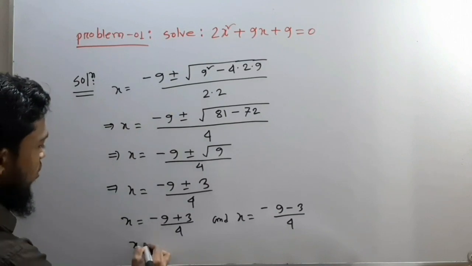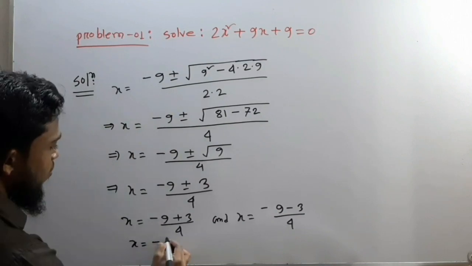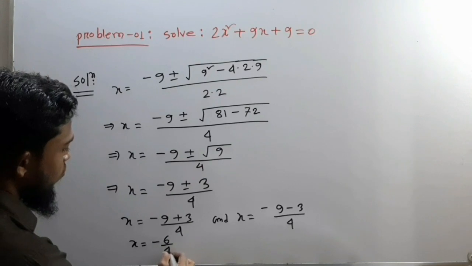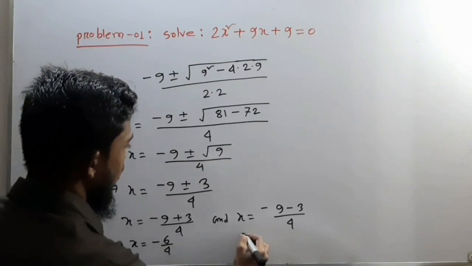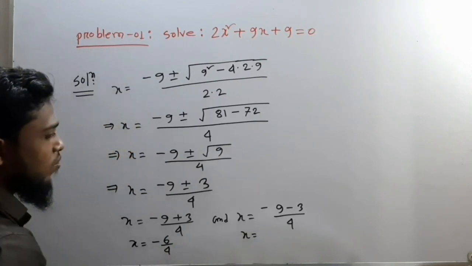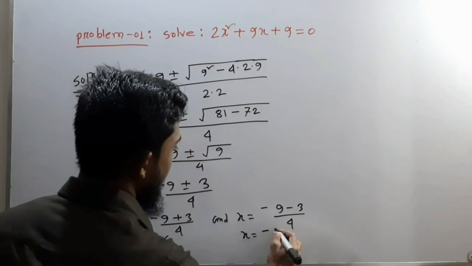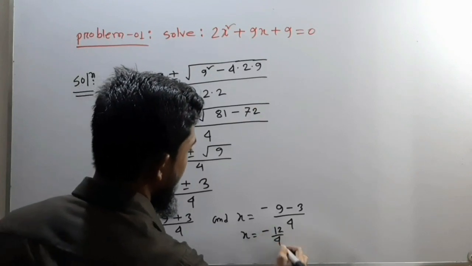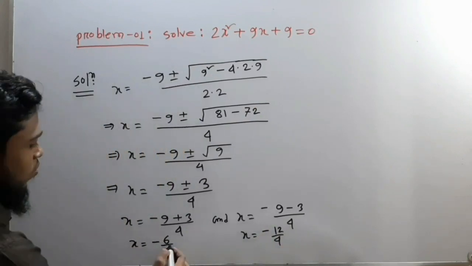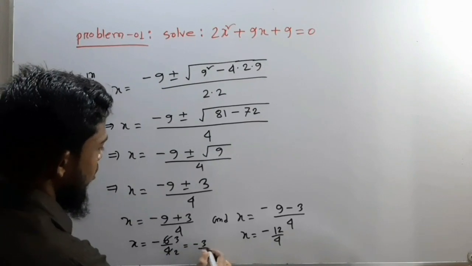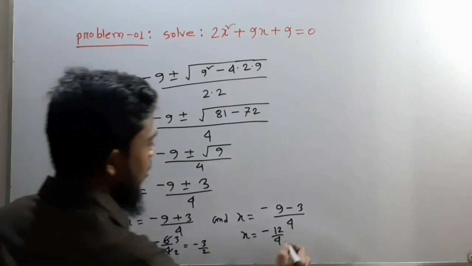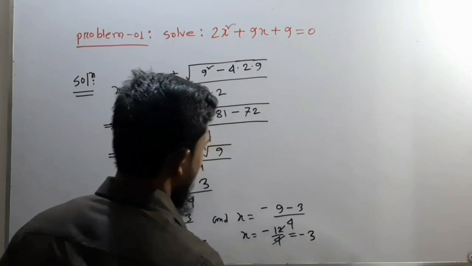So we can write x is equal to minus 6 by 4 and x is equal to minus 12 by 4. So that is minus 3 by 2 and minus 3.